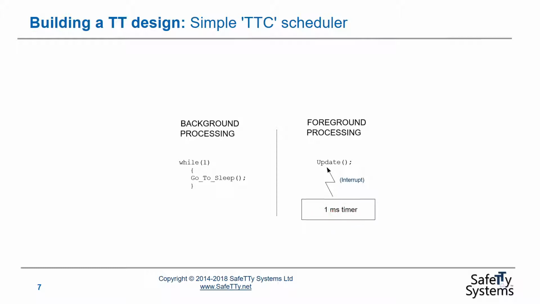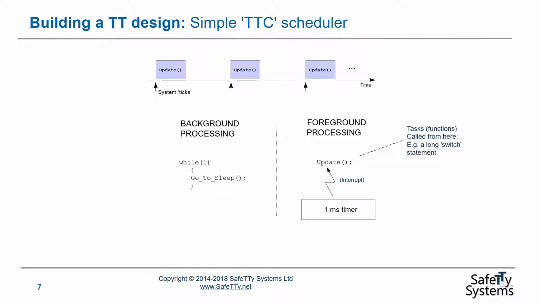Whenever that timer tick is generated, we have an interrupt, and that interrupt is linked in this simple example to a single function called update. Within that function, we might call some tasks or functions, possibly by means of a long switch statement. And this is sometimes called a very simple time-triggered system with cooperative tasks.